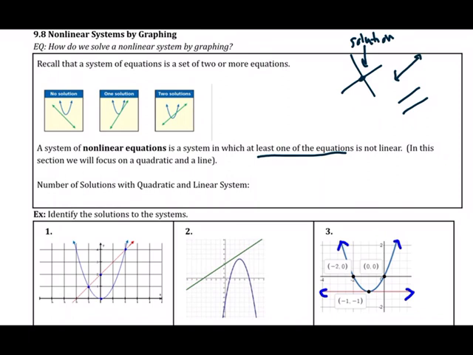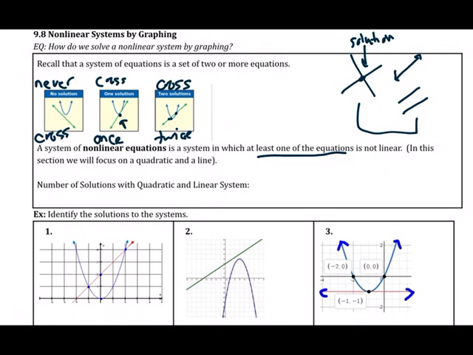So just like with two lines, there are three possible outcomes. It is possible that they have no solution because they never cross. It's possible that they have exactly one solution because they cross exactly once, or that they have two solutions because they cross twice.